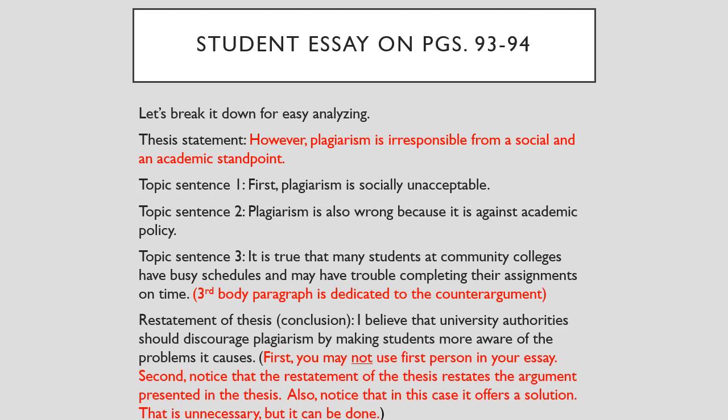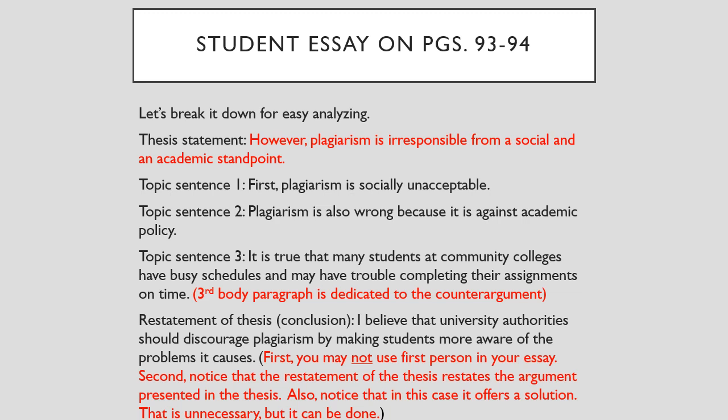So the first sentence is a restatement or paraphrase of the thesis. He says or she says, I believe that university authorities should discourage plagiarism by making students more aware of the problems it causes. So in this way, the writer has paraphrased the argument from his or her thesis.